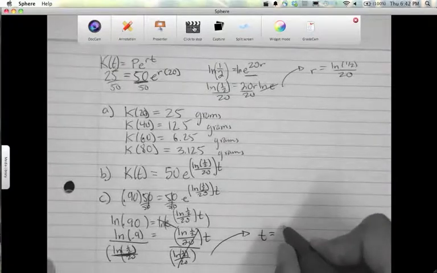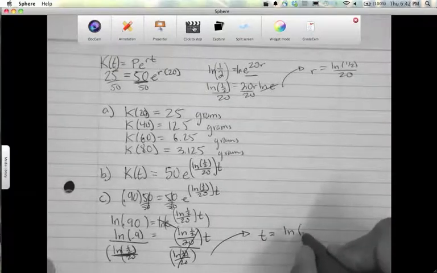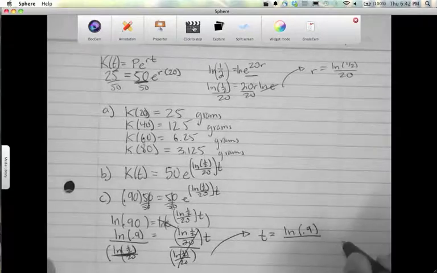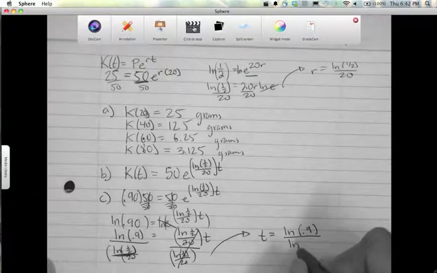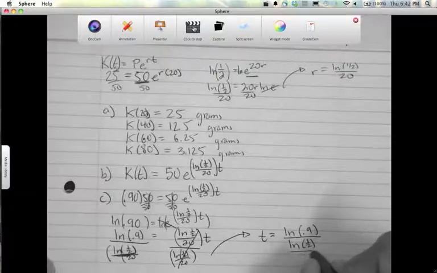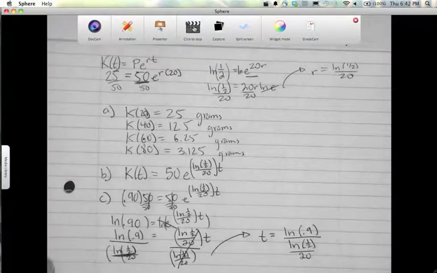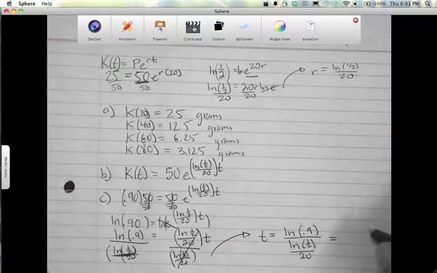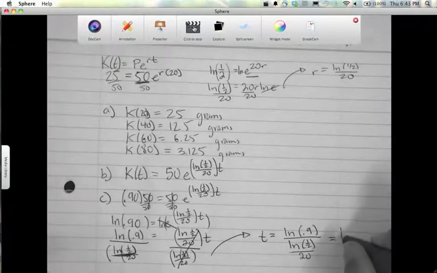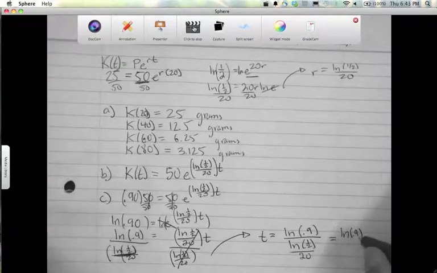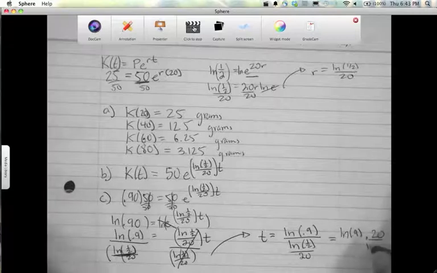And then over here I get t equals natural log of 0.9 over natural log of 1/2 divided by 20, which, using properties of reciprocals or keep, change, flip, means that I've got ln of 0.9 times 20 over ln of 1/2.